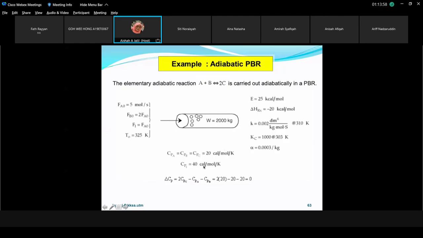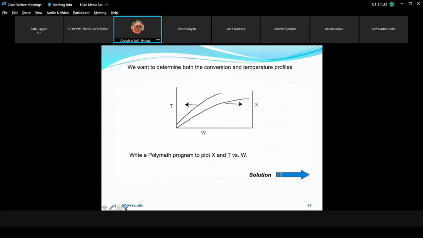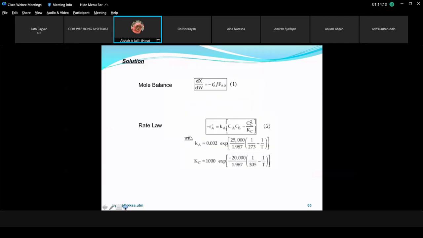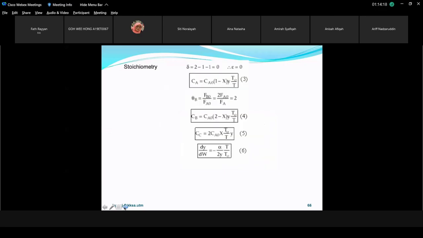So everything is given as they want. They want to determine both the conversion and temperature. Then this is the solution for the mole balance.